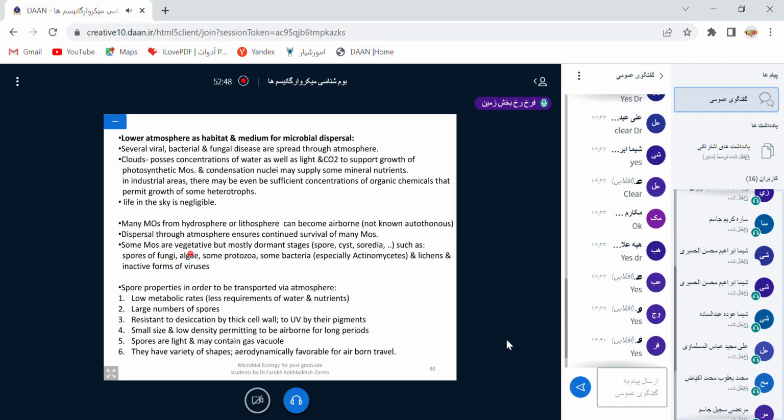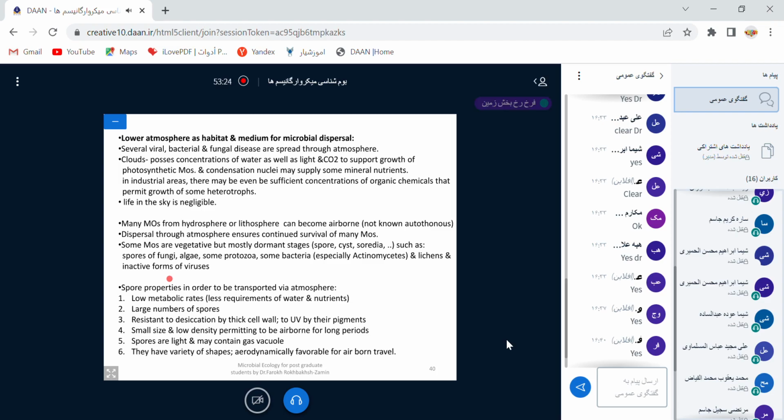Some microorganisms are vegetative, but mostly they are in a dormant stage, like spores, cysts, and resting forms, such as spores of fungi, algae, some protozoal cysts, some bacterial spores, especially actinomycetes and lichen, and inactive forms of virus, which can be transferred by air from one place to another.